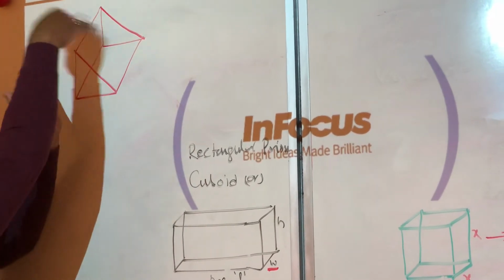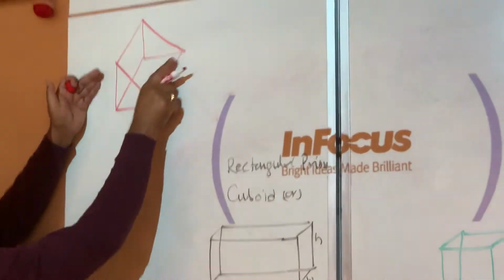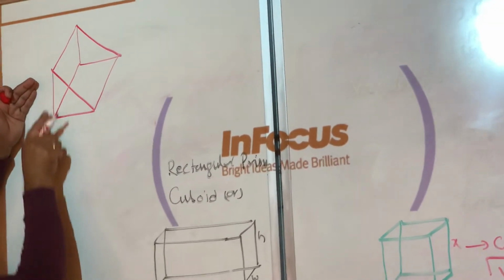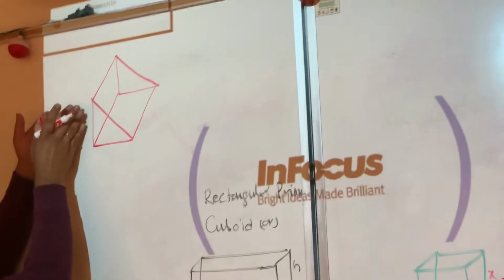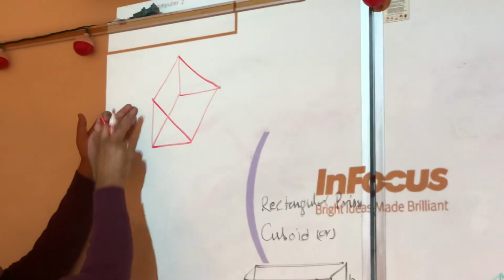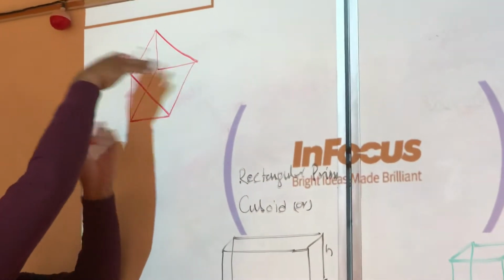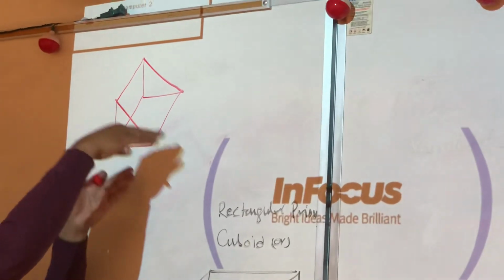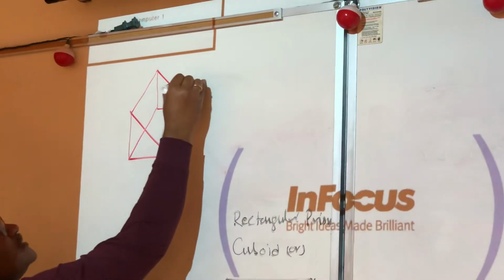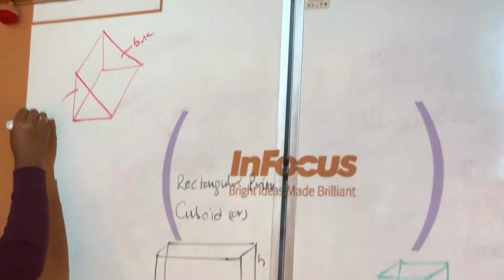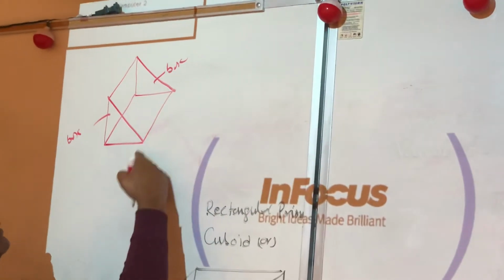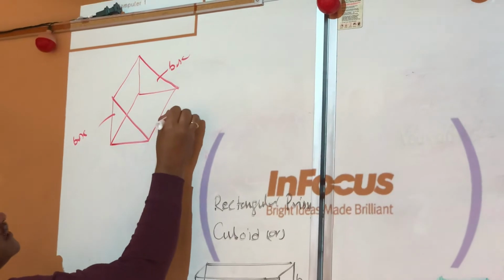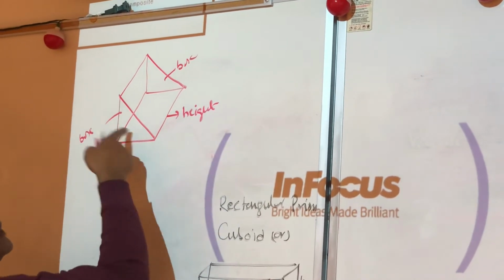Besides these two faces, you have a rectangular face here, the bottom is a rectangle, and the back one is also a rectangle. So there are three rectangular faces and two triangular faces. The two parallel triangular faces are called the bases. This is a base, this triangle is another base. The distance between the bases is called the height of this triangular prism.